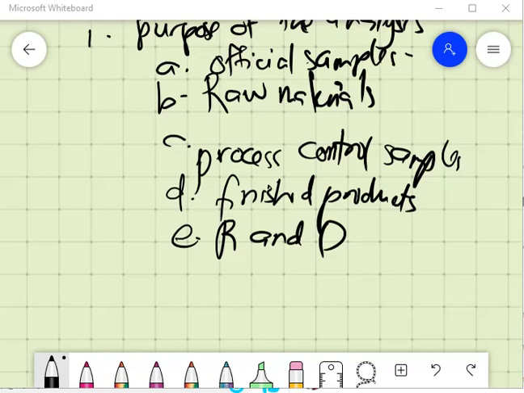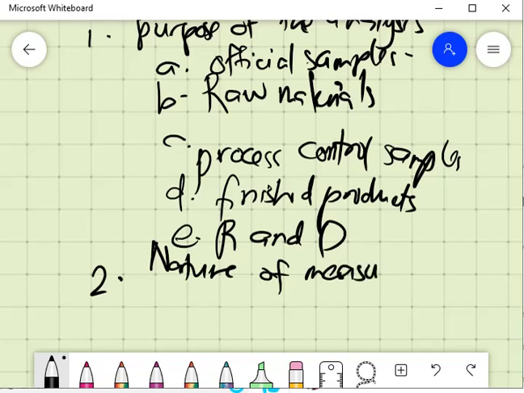Next that you have to consider for the sampling plan is, aside from the purpose of the analysis, the nature of the measured property. So after you do number one, the purpose of the analysis, you have to know what parameters must be measured in order to reach the desired purpose.